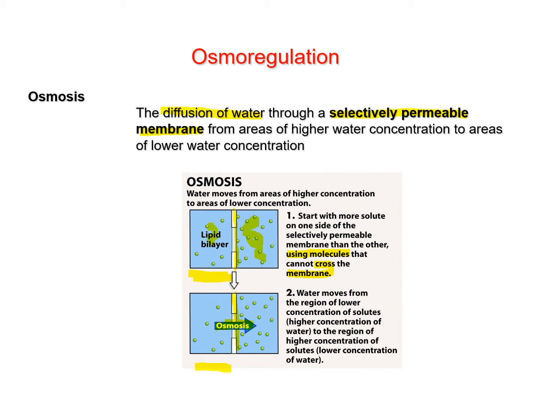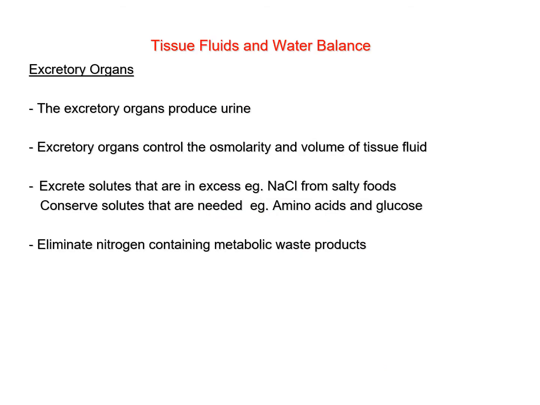So water will move in order to try and balance the two. So keep that in mind. It's either the solutes moving if they're diffusible across the membrane, or the water moving by osmosis if a solute is not diffusible.